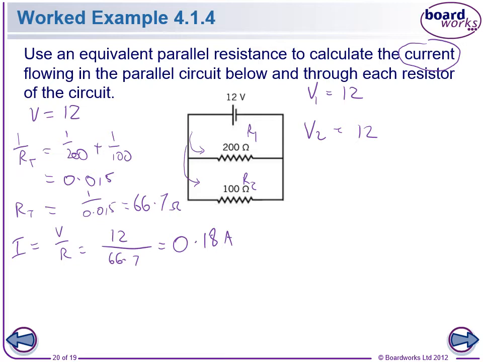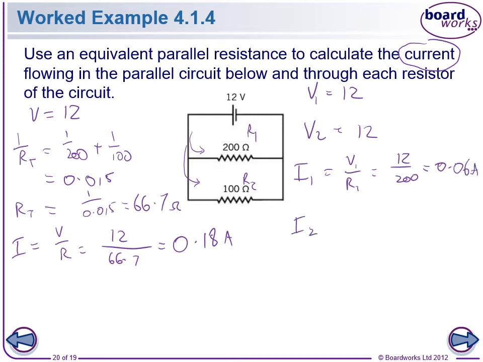So now we can use Ohm's law again to work out the current going through each one. The current going through R1 is V1 over R1, which is 12 over 200. So that is going to give us 0.06 amps.